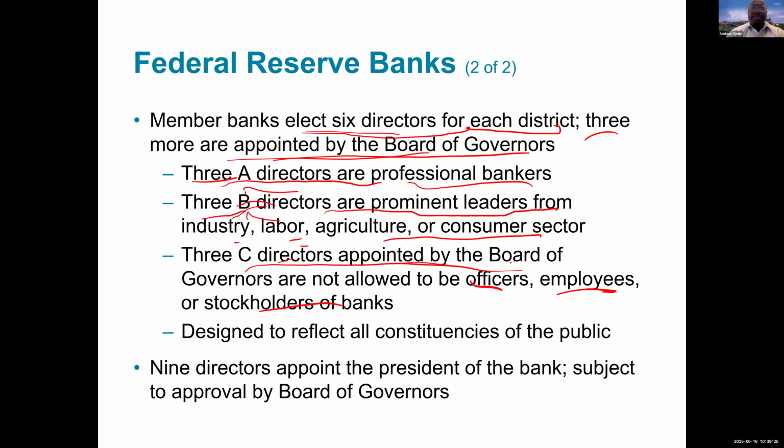And then the 9 directors appoint their own president, subject to approval, or ratification, by the Board of Governors in D.C. So the Dallas Fed has those 9 directors, and they sit down and appoint who's going to be their leader, their president. So every district branch of the Federal Reserve, there are 12 of them, consists of 9 directors, and among those 9 directors there's a president appointed from among them.